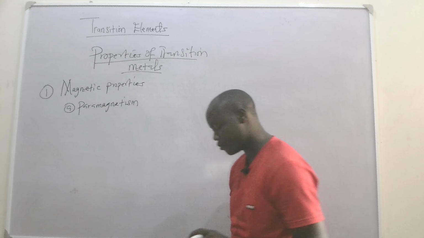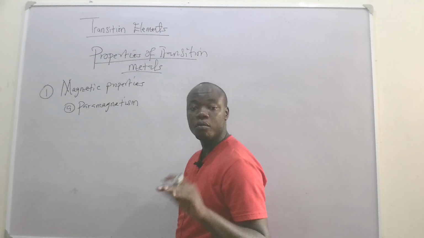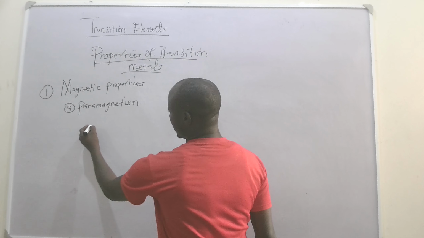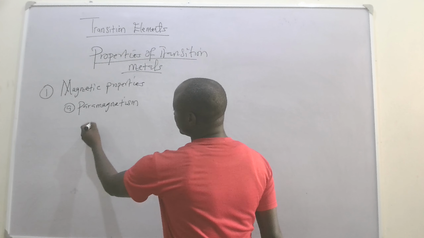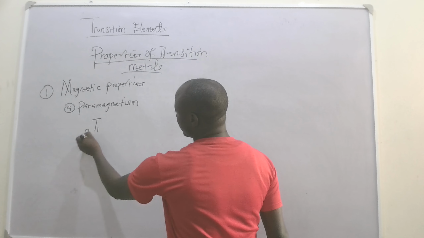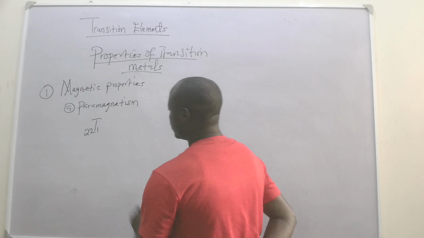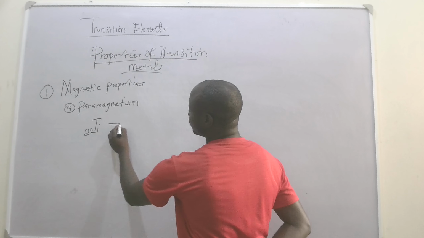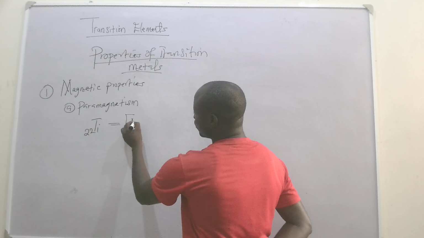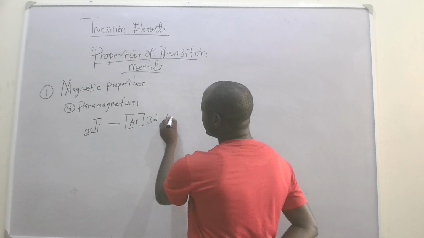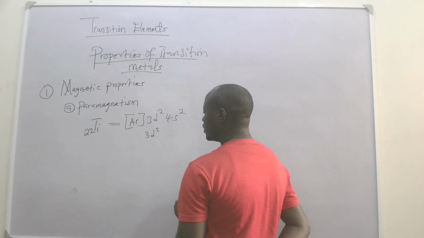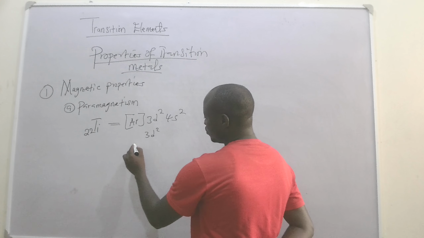For example, let's say we have titanium with atomic number 22. Its electronic configuration is argon, 4s2 and then 3d2. For this 3d2, this is the one that we are going to look at.